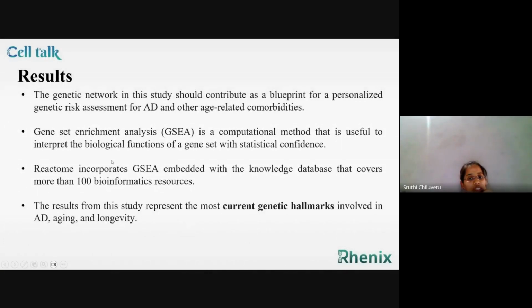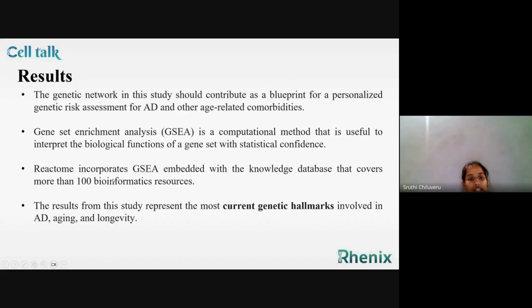Based on the study, the results for the genetic network used in this study should contribute as a blueprint for personalized genetic risk assessment for Alzheimer's disease and other age-related comorbidities. Gene set enrichment analysis is a computational method that is useful to interpret the biological functions of a gene set with statistical confidence.